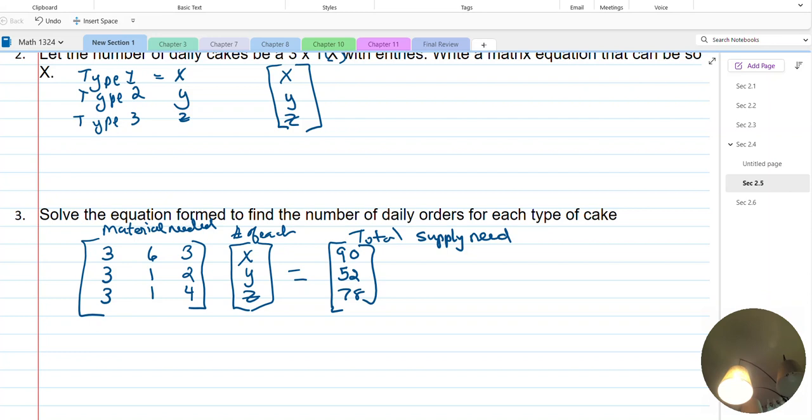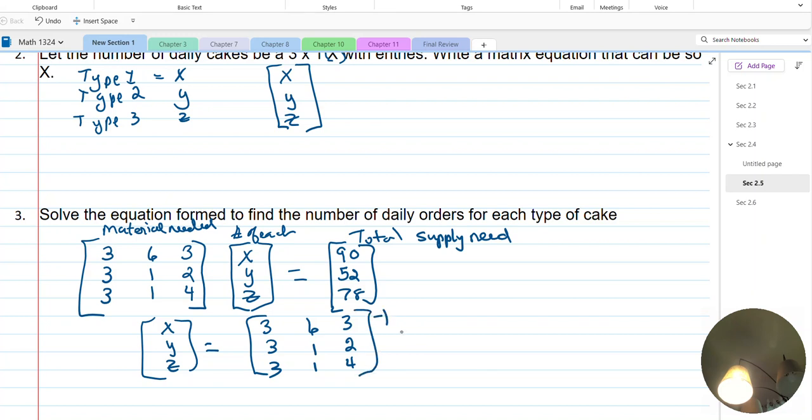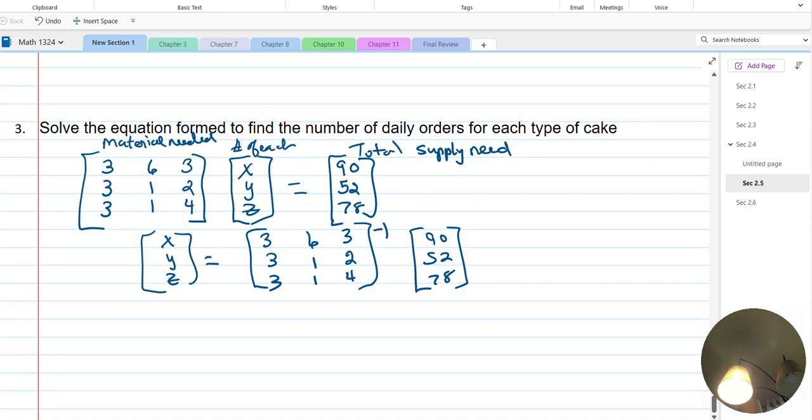All right. So we know that X, Y, Z has to equal 3, 3, 3, 6, 1, 1, 3, 2, 4, inverse times 90, 52, and 78. All right. So here we go. That's what we need.